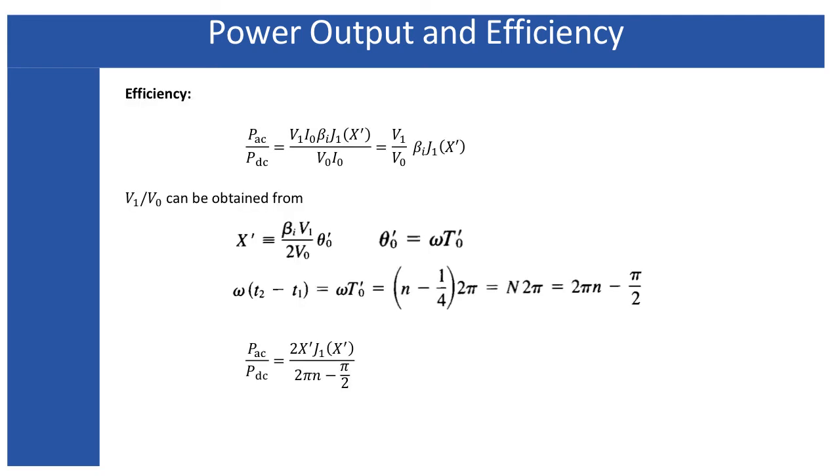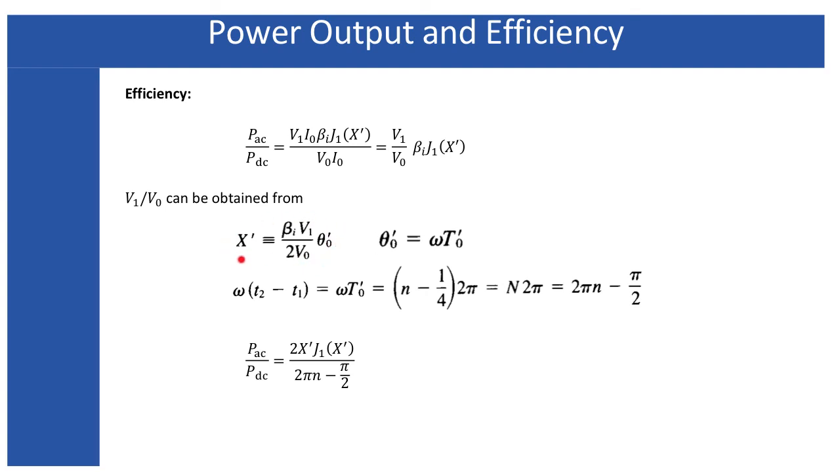And now it is very easy to define the efficiency, which is equals to the output power, that is the AC power, to the DC power. So after replacing all of their expressions, I am getting this expression where this ratio V1 to V0 exists, and V1 to V0 can easily be obtained from this expression.